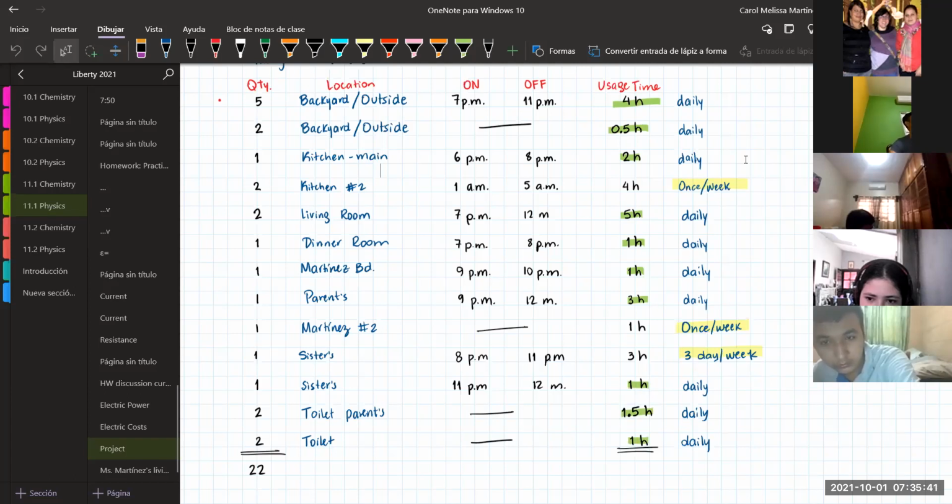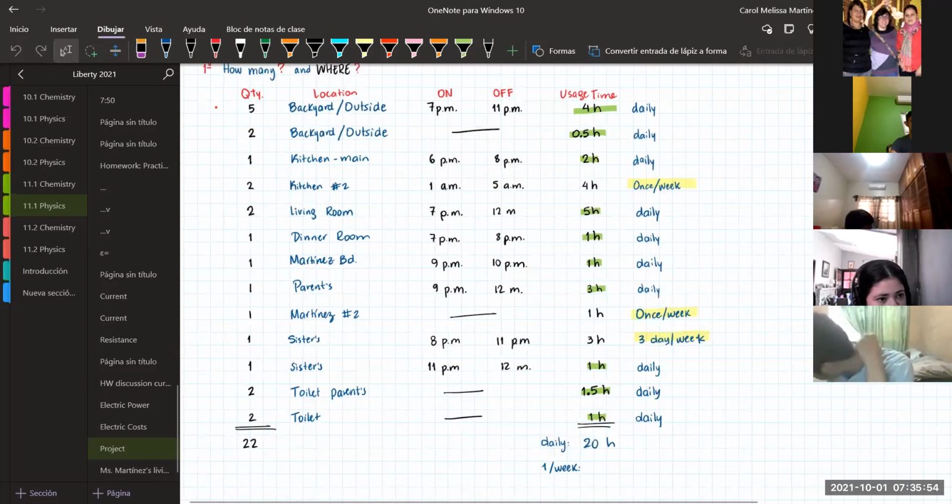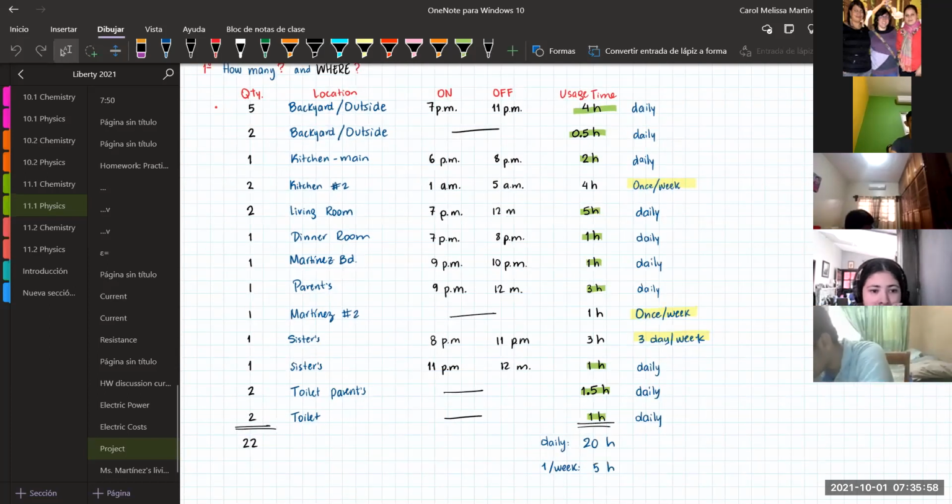Entonces aquí voy a separar daily 20 hours, ¿ok? Luego once per week sería 4 y 1 sería 5 hours, ¿ok?